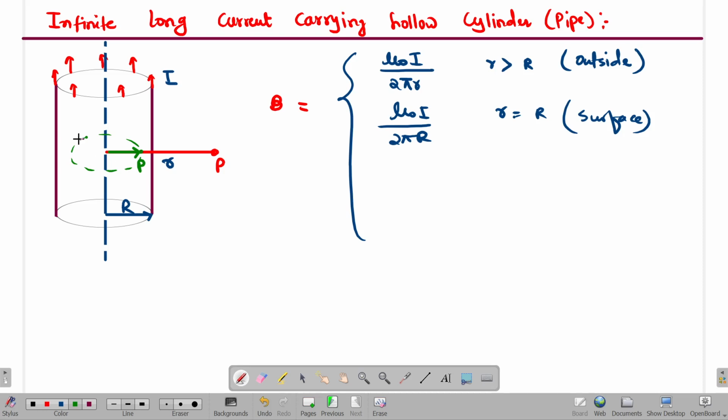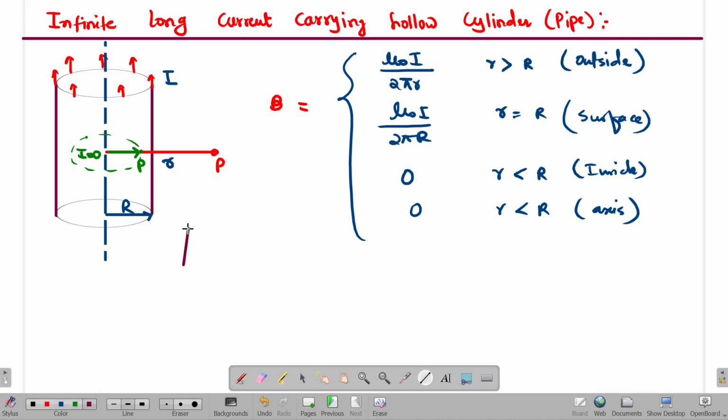I enclosed is 0, so B is 0 for r less than R, inside. On the axis it is also 0, because there is no current inside. Is that clear?